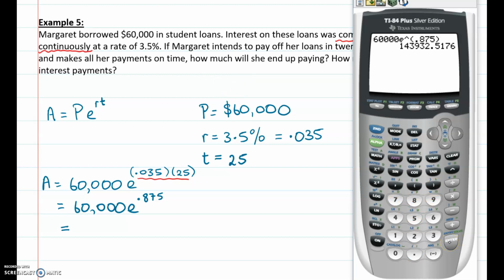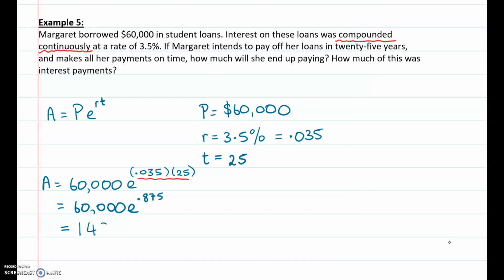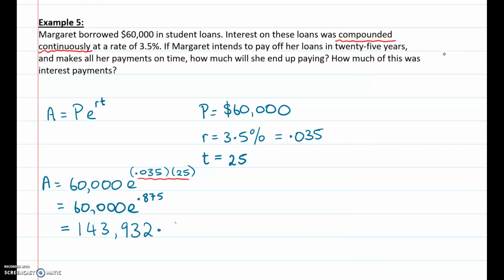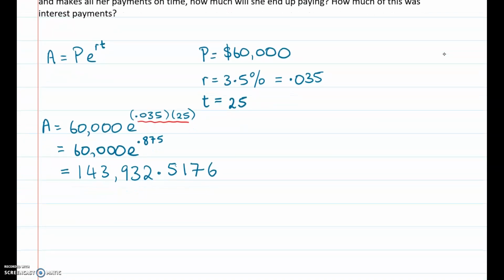That gets 143,932.5176. So to the nearest cent, cutting it off after two decimal places, we're going to get $143,932.52. Okay, so that's how much money that Margaret will end up paying back.